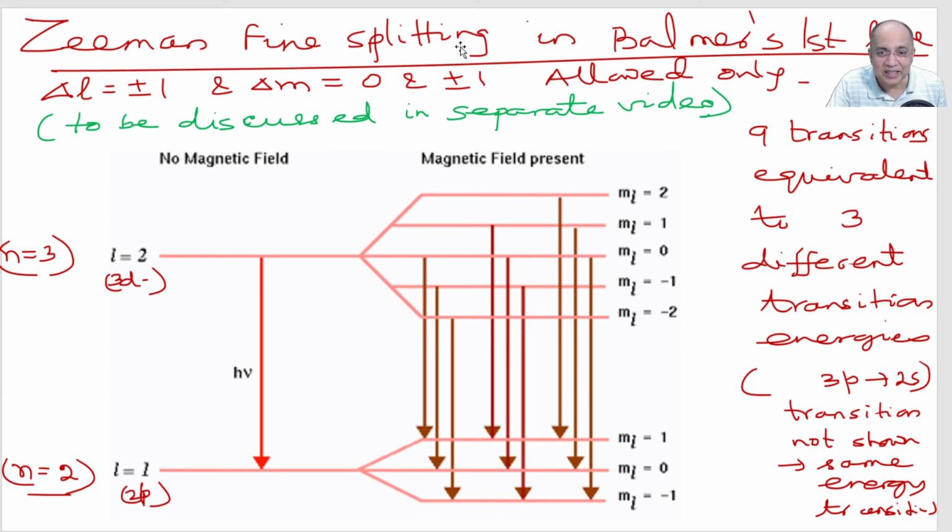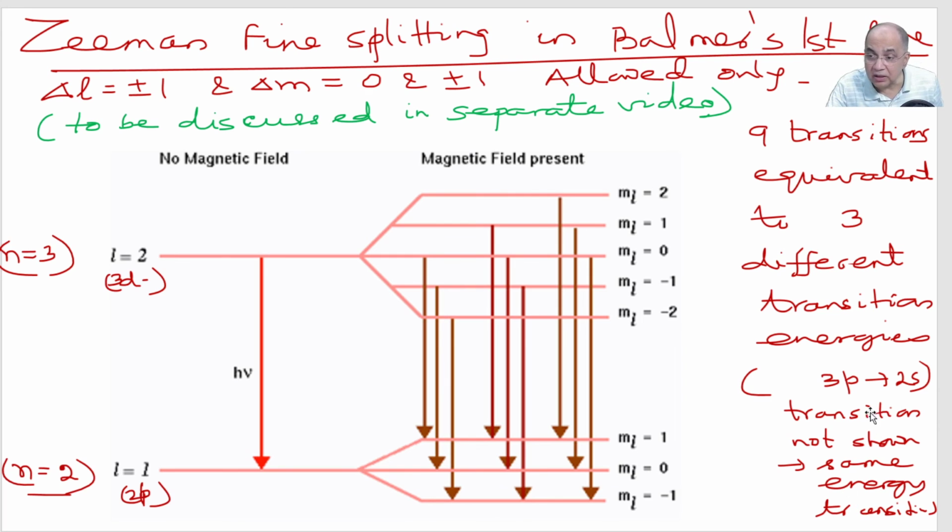So taking these quantum restrictions called selection rules into account, there is a selection rule for the azimuthal quantum number as well as the magnetic quantum number. So there are 9 transitions from 3D to 2P, out of which 3 are different values. The other 6 fall into these 3. So altogether there are 3 different transition energies, so you get 3 lines.